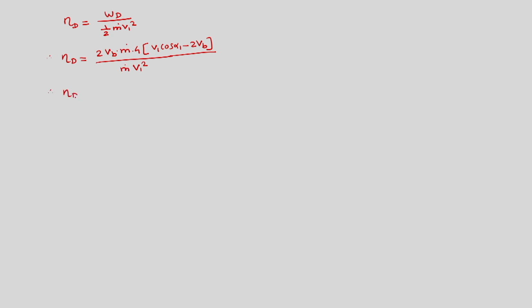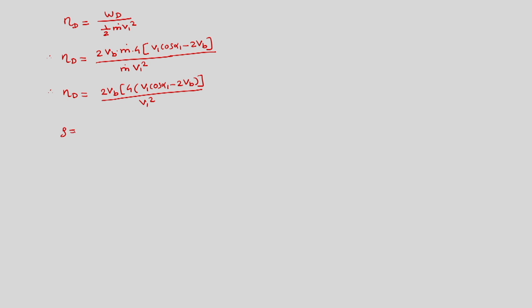So we have diagram efficiency as twice Vb into, basically 8 Vb, which we will write as twice Vb, and then this would help us later on, into 4 into (V1 cos alpha 1 minus twice Vb) divided by V1 square.